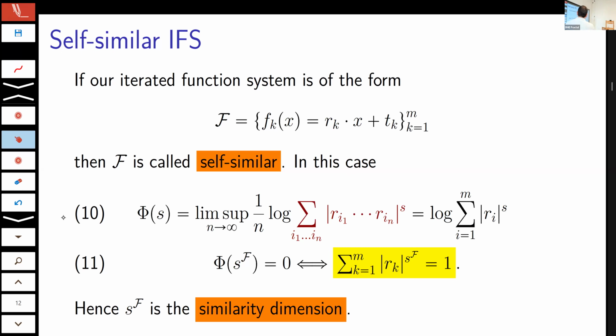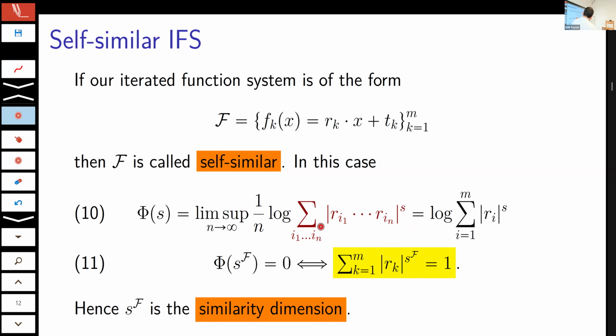If our IFS is self-similar, so all the functions are in this form, defined with a slope and a translation parameter, then it's a self-similar IFS. And in this case, it's quite simple to calculate the pressure function, simply because the lengths of the cylinders are just products of these slopes. So you've got a quite simple formula.